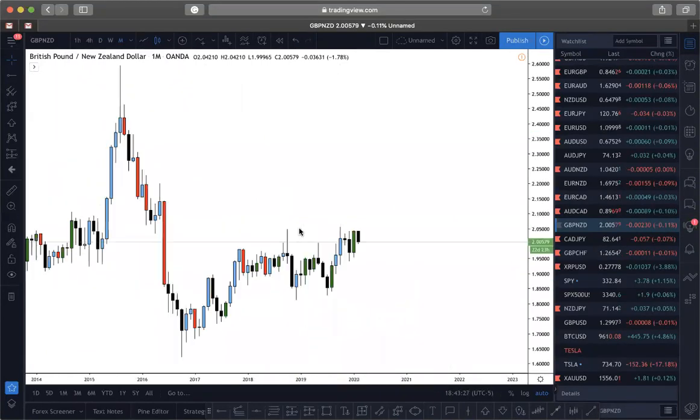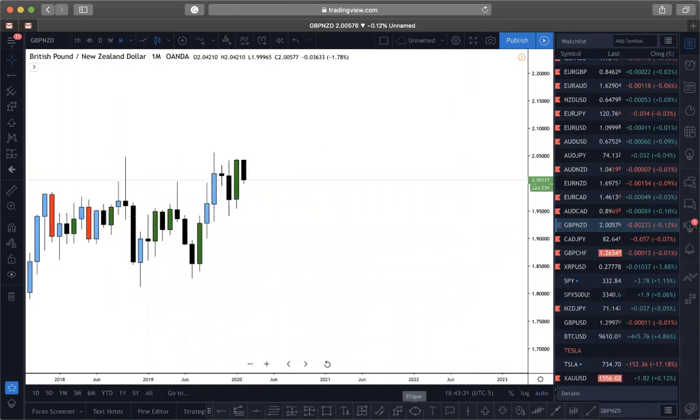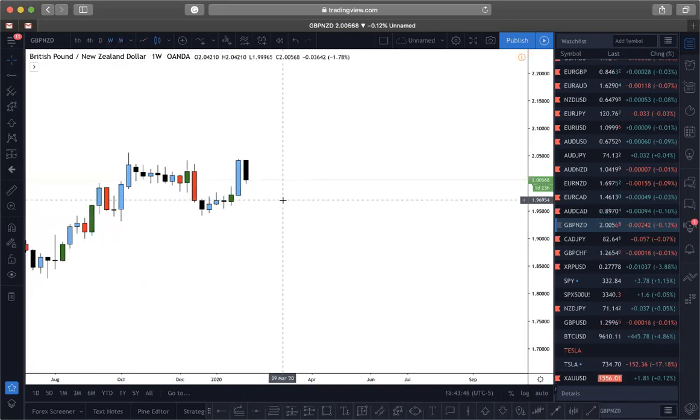So let's see. What's the monthly time frame telling us? Uptrend. Higher highs and higher lows. So pullback. You know the monthly is up. Weekly.